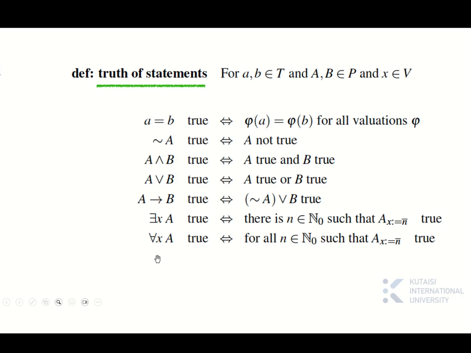Computers operate on syntax. Our brains think they operate on semantics. So for any x in A is true if for all natural numbers, if I plug in n bar, which is just a string, for x, this predicate becomes true.